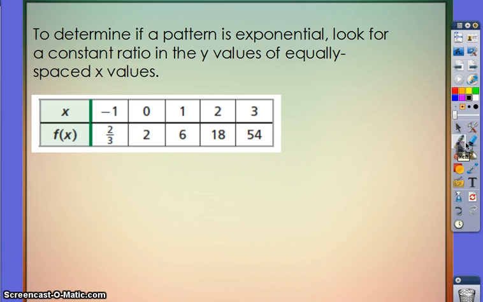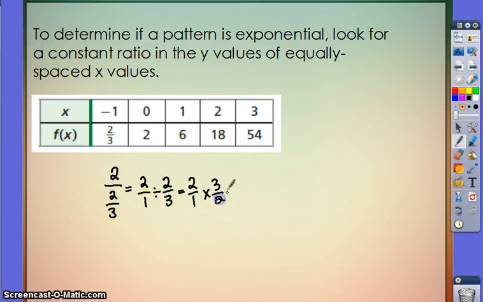So in other words, if we do the ratio of 2 to 2/3, that's really just 2 over 1 divided by 2/3, which is 2 over 1 times 3 halves, which is 6 halves, which is 3.